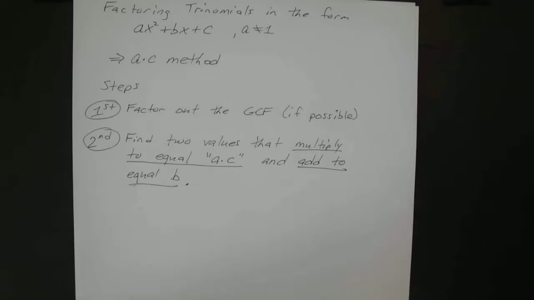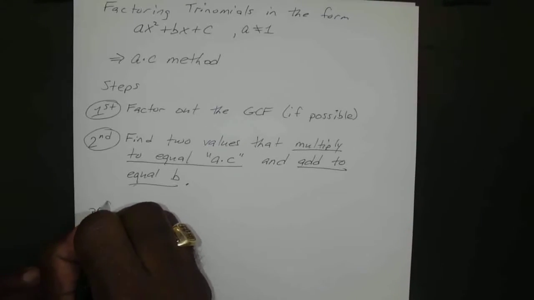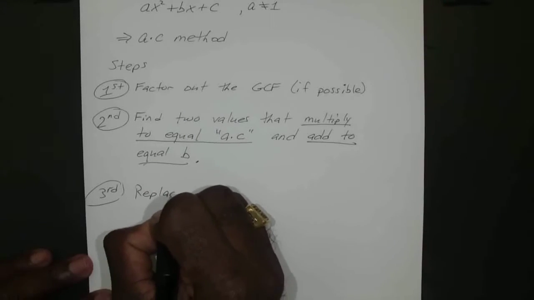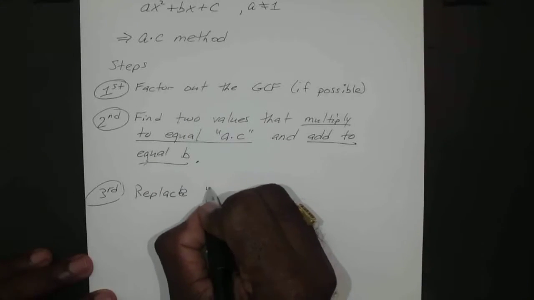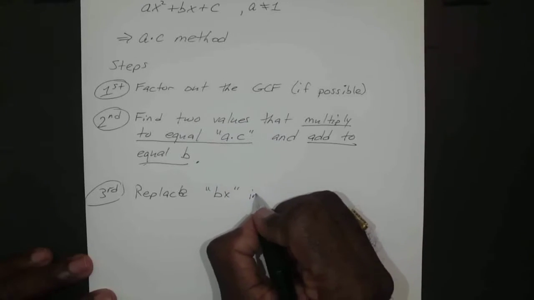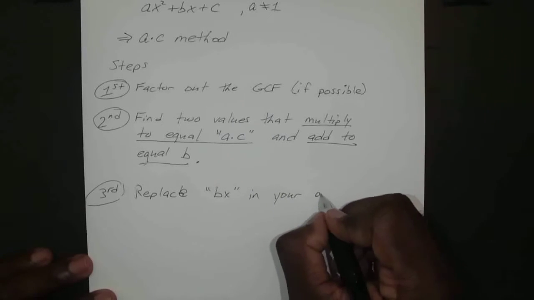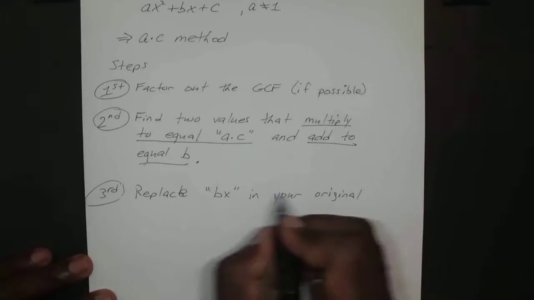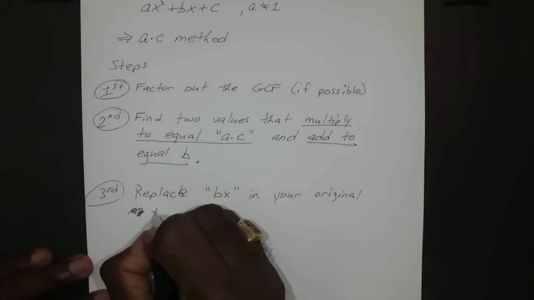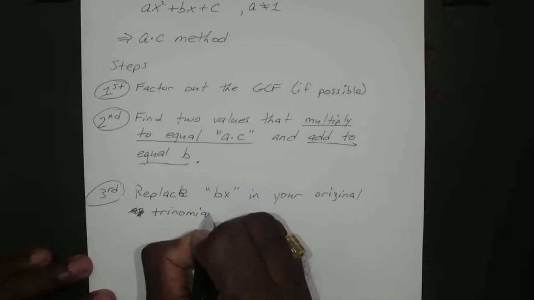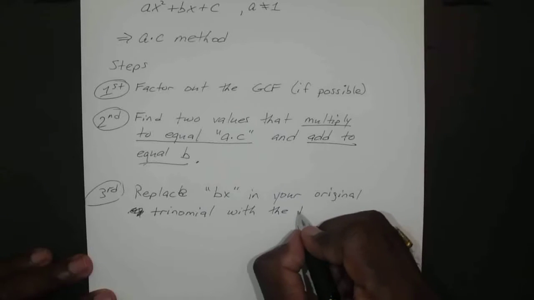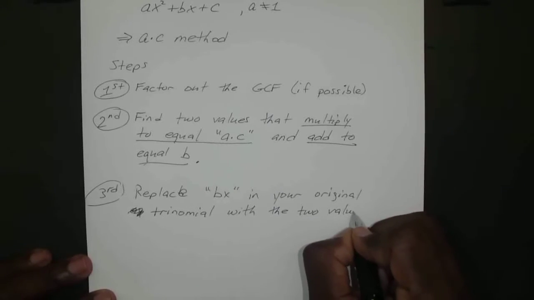Okay. Now your third step, you're going to replace b times x in your original trinomial with the two values from step 2.